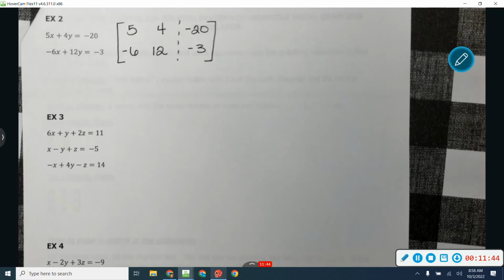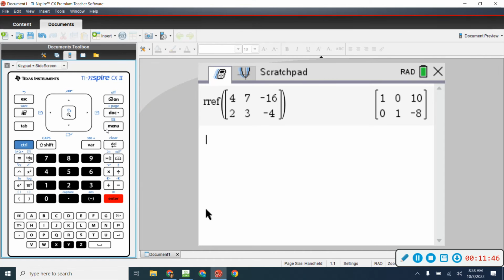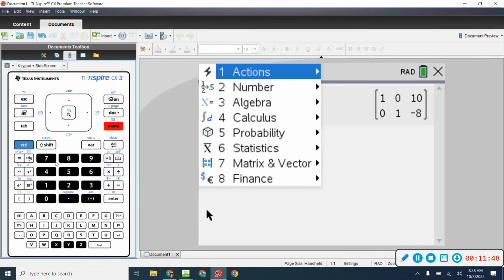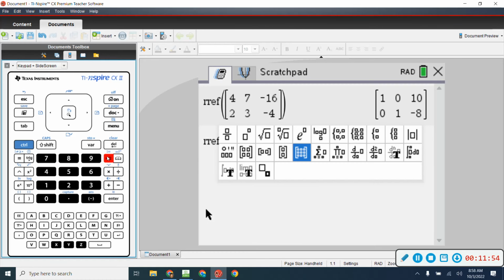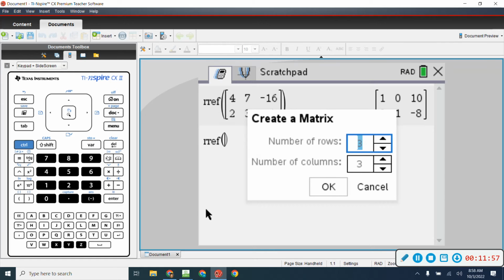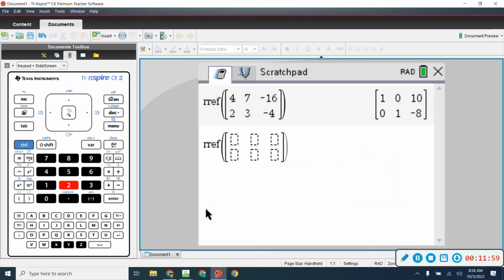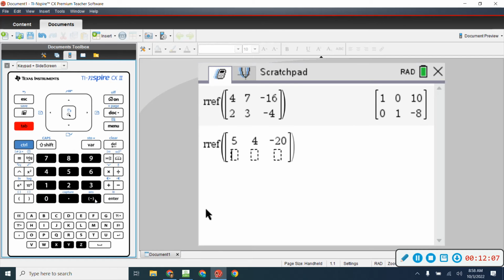Okay, so my buttons, remember, are menu, 7, 5. Then I'm going to hit the shortcut key. I'm already on the 3x3, which is going to change to a 2x3. Then I'm going to type in my numbers, 5, 4, negative 20, negative 6, 12, and negative 3.